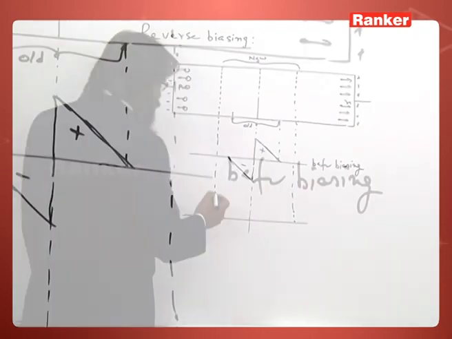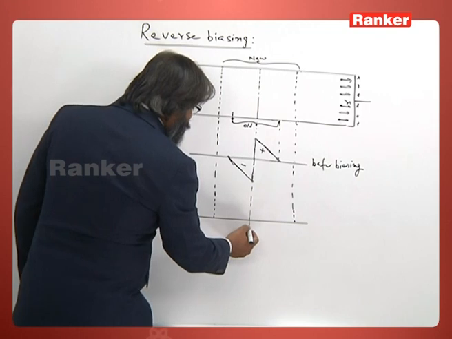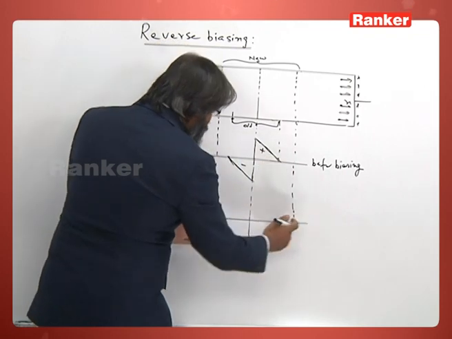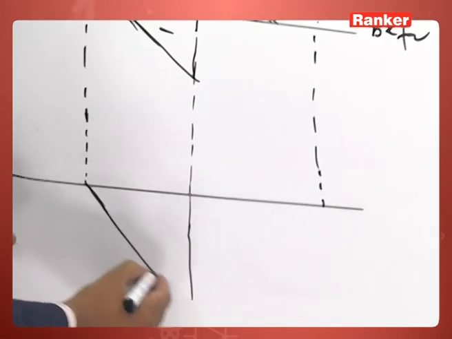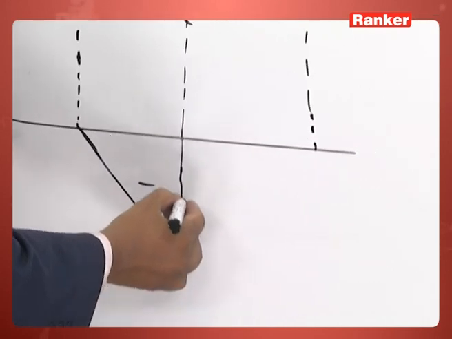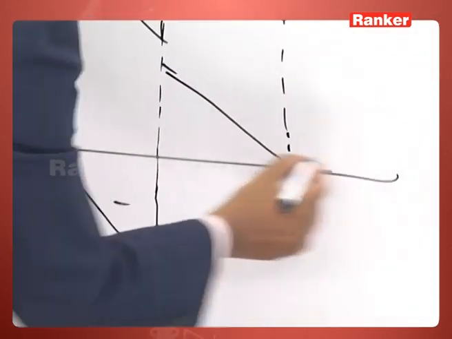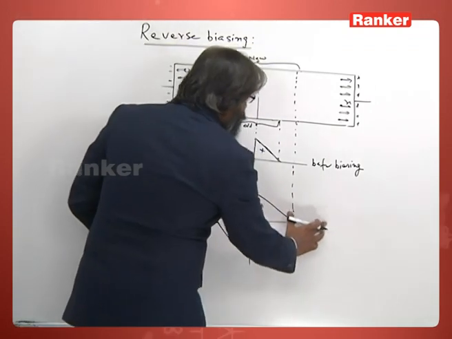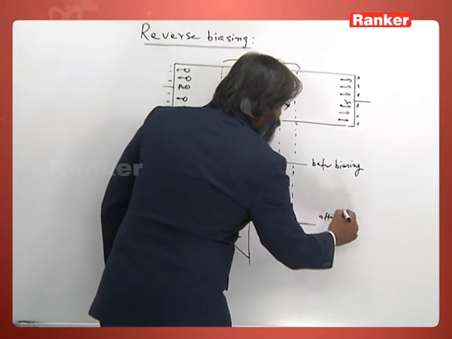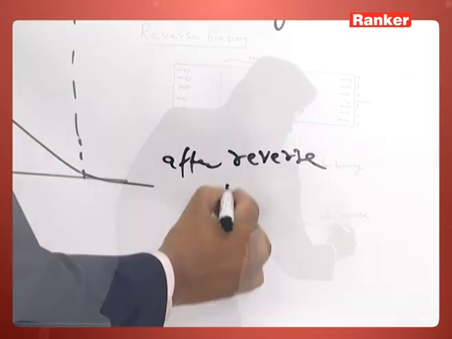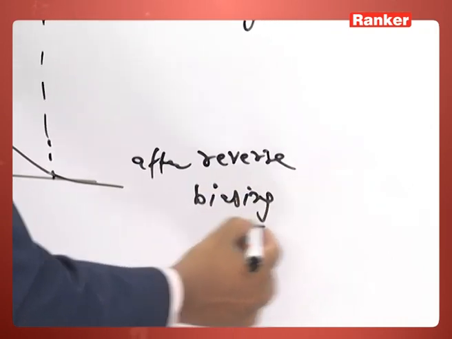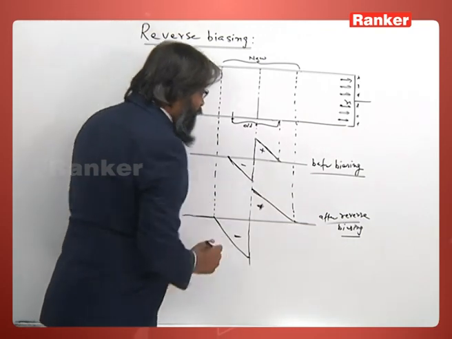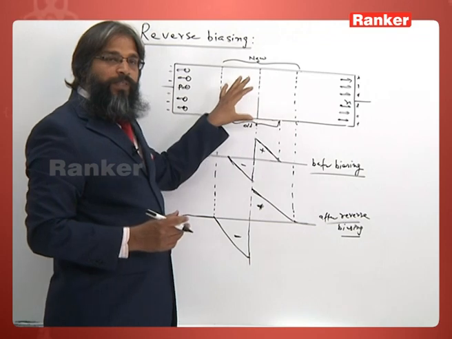And you see here after biasing what happens, the barrier width increases, so the barrier starts here only, and so this is negative, and this is positive. So this is after reverse biasing. This is the situation of the depletion layer before.